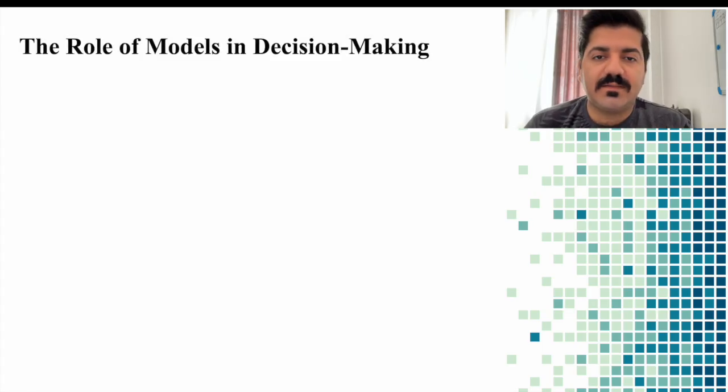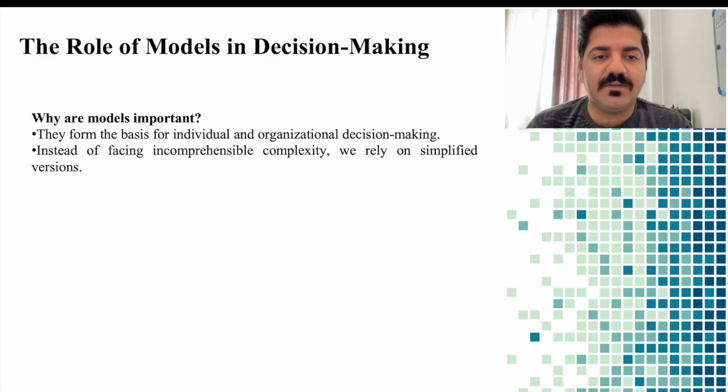I want to highlight the critical role models play in decision making, and I should ask why models matter. It's a very important question. Models simplify complex realities, enabling individuals and organizations to make informed decisions.